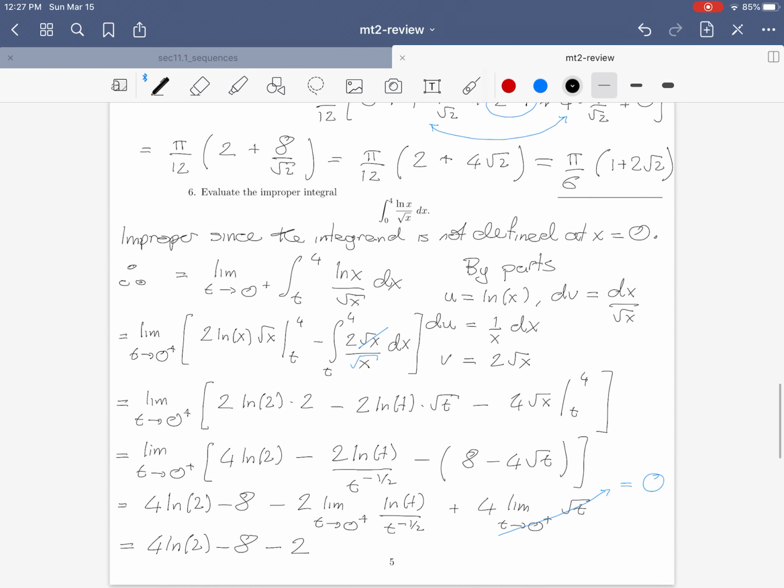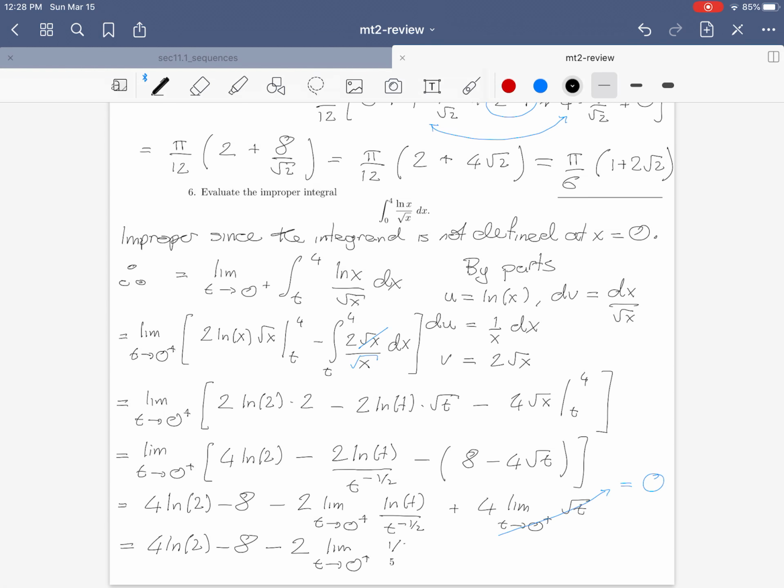And for this second limit here, we're going to apply L'Hopital's rule. L'Hopital's rule says that if I have the limit of f of t divided by g of t, for which the limits of f and g are both undefined, then this is equal to the limit of f prime divided by g prime.